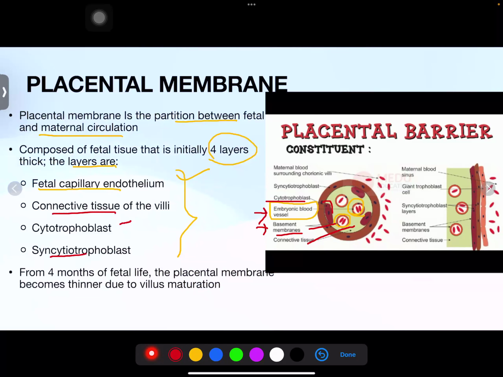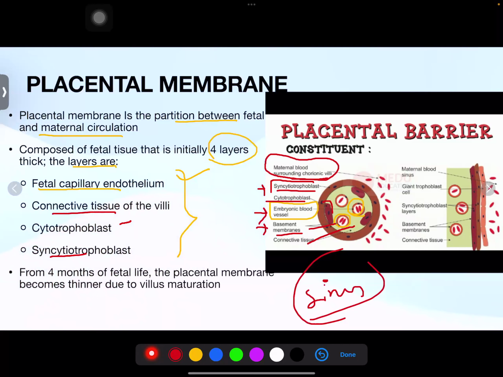Then would be the syncytiotrophoblast. The fourth layer is the syncytiotrophoblast. And outside this is the maternal blood surrounding the chorionic villi. So maternal blood basically opens into the sinuses, or you can say the intervillous space. So these are the placental membrane, you can say.